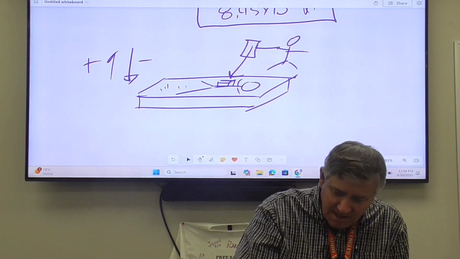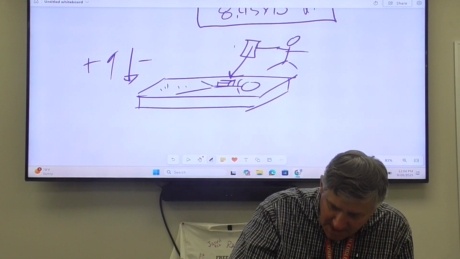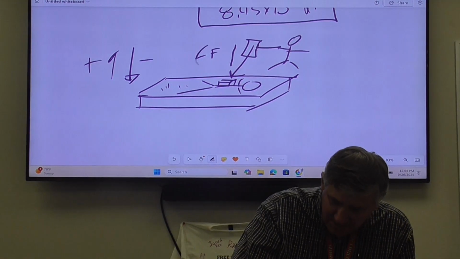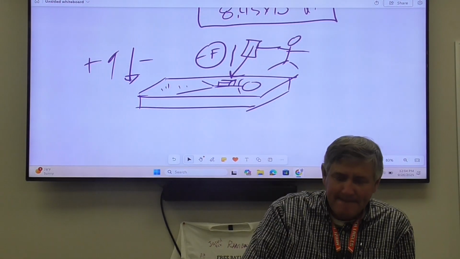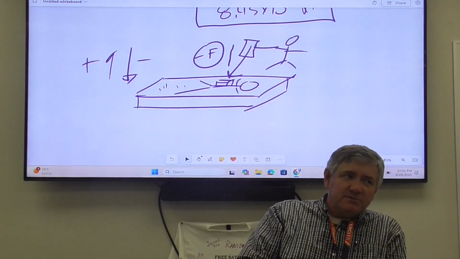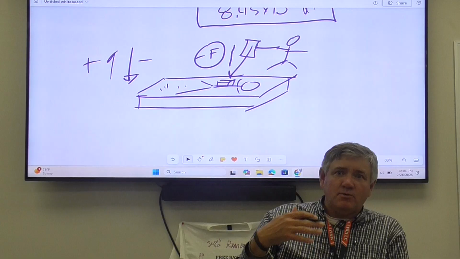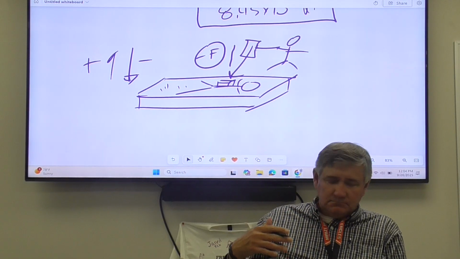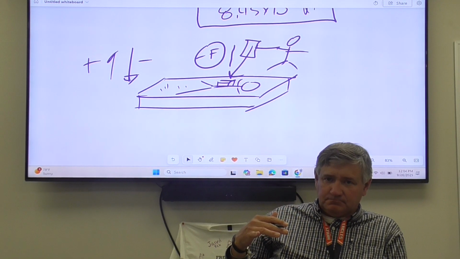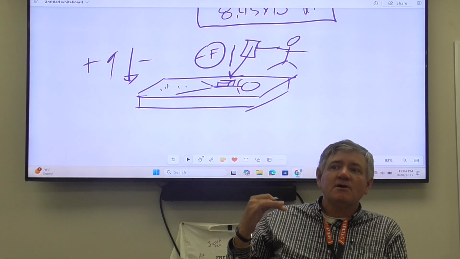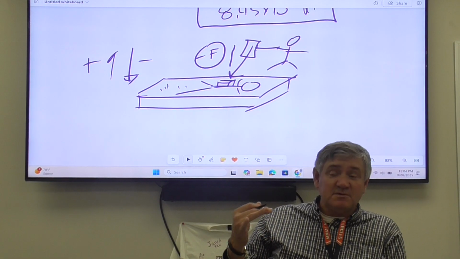So Jackson's going to come down and he's going to supply a negative force to me. Okay? So by Newton's third law, what has to happen between the block and me? What has to happen? Acceleration. No. Just in terms of forces. Newton's third law. For every force there is.